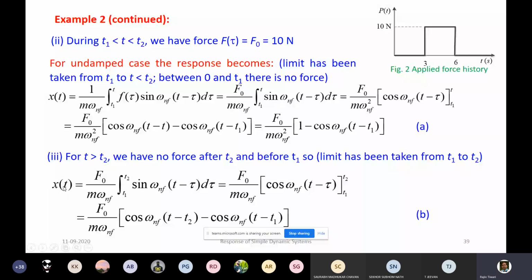If you want to find out beyond the second T2, this expression should be used. So there are three things. One is before this, the response is 0; from 3 to 6, expression 1 should be used; and beyond 6, expression B should be used for plotting the response.